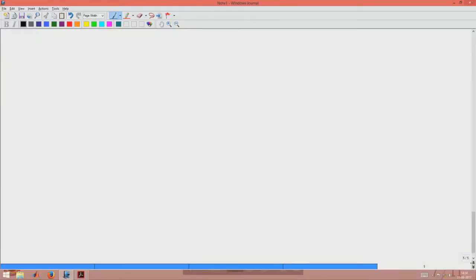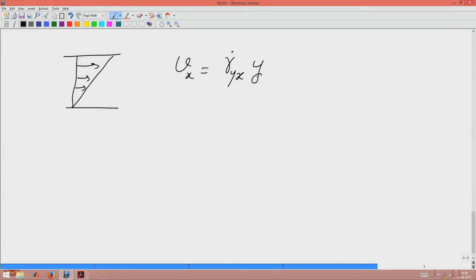Now let us look at how we describe the position of each and every material particle. This is the overall flow, and we saw that the velocity is gamma dot y x times y. Now let us describe the position of a material particle as a function of tau, because tau equal to t means present, but we would like to find the position of a given material particle at any tau.